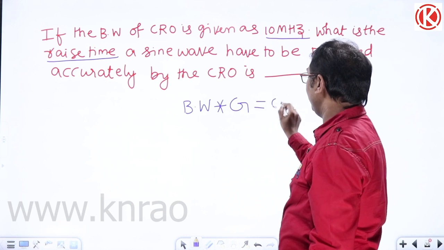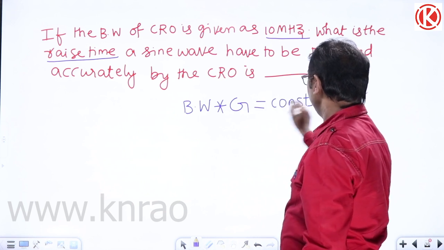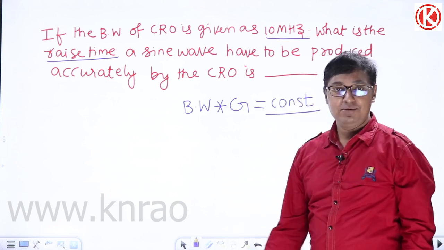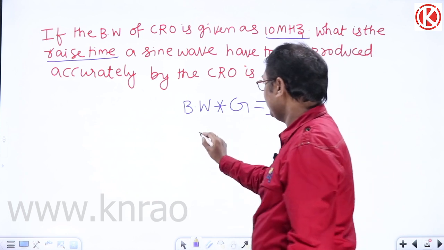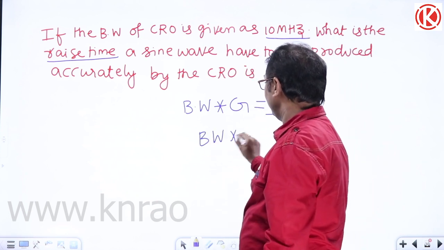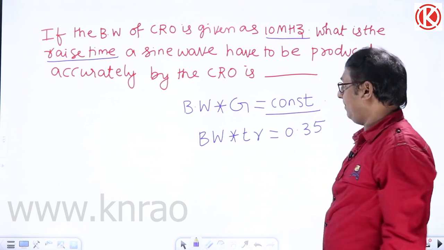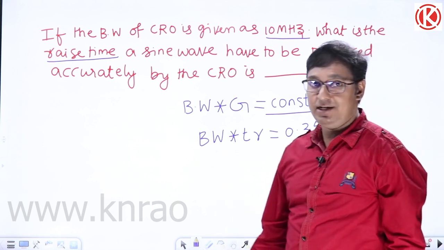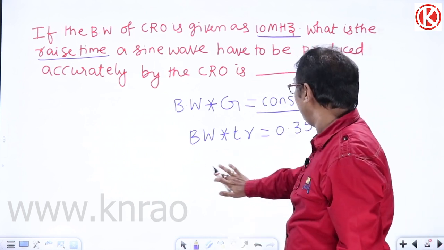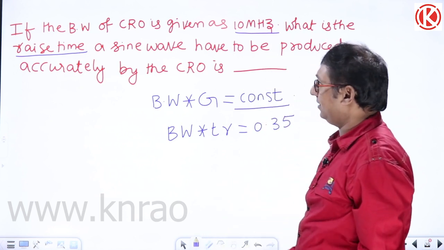Bandwidth gain product is constant. Bandwidth into rise time is 0.35. He is asking for rise time.